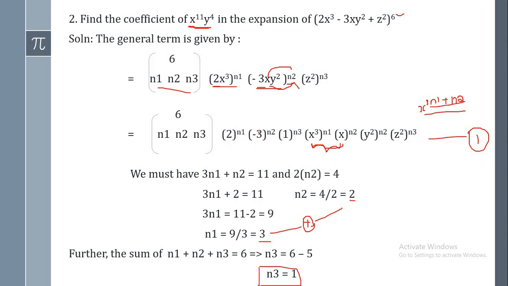The term which we have separated here, even in these terms, we need to substitute the values of n1, n2 and n3. So this will become 2 power, n1 value is 3, so this will become 2 power 3 and minus 3 power 2, and 1 power anything is 1 only, so we can leave the term, and x cube power n1, so n1 value is 3.